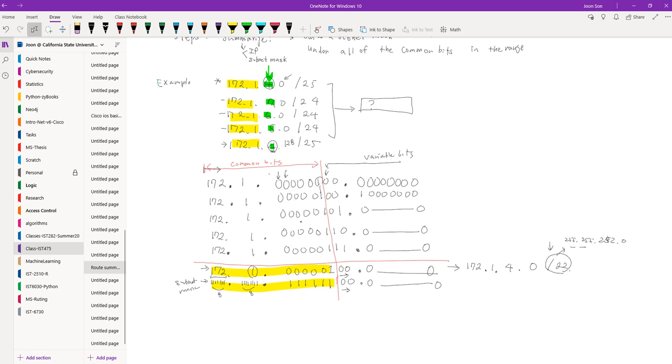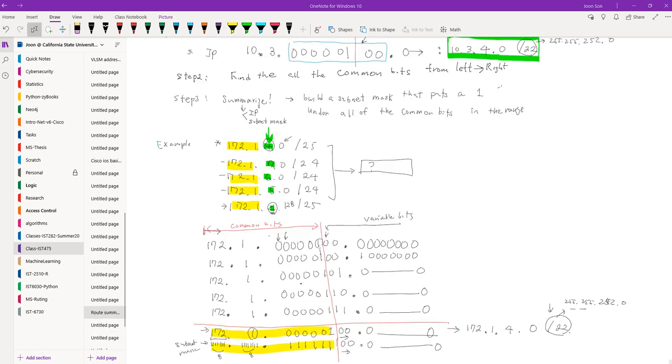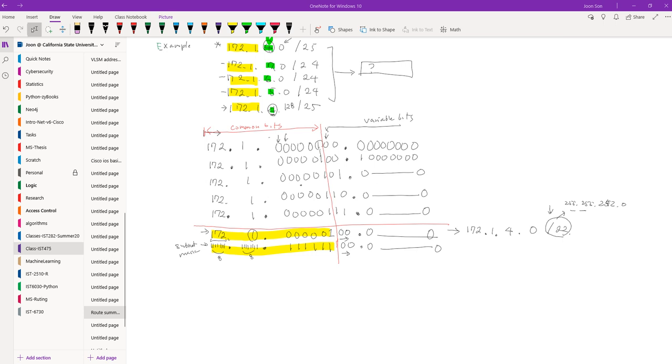But you can also solve this using your intuition. That's the reason that I show you this example. Okay, so let me explain what I mean. Basically, I want you to understand subnetting, right? We learned subnetting and route summarization, right?